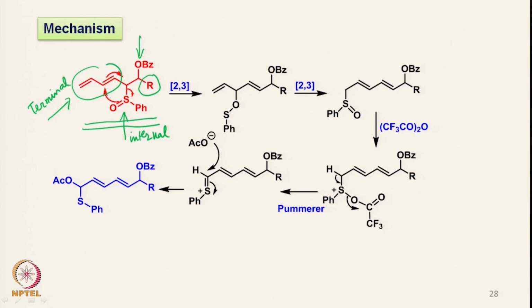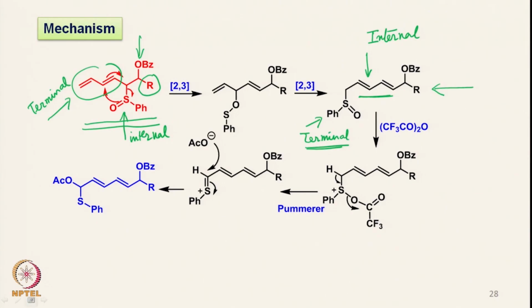Just like that, it cannot get converted into this diene, which is an internal diene and terminal sulfoxide. So this is an internal diene and terminal sulfoxide. Now just like that it cannot undergo, but what it does is very interesting.